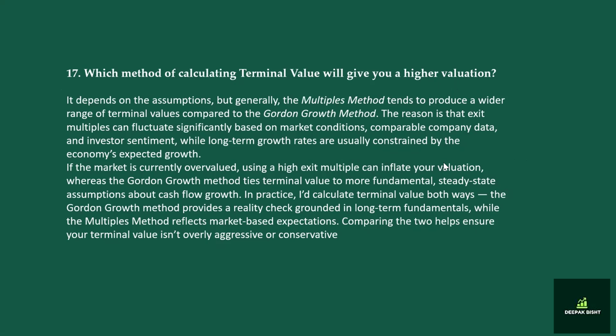And Gordon growth is more grounded in fundamentals and long-term expectations. So the best practice in valuation is to calculate both and understand the range. Using the multiples for market perspective, Gordon growth is a reality check. All right. I hope this was clear.